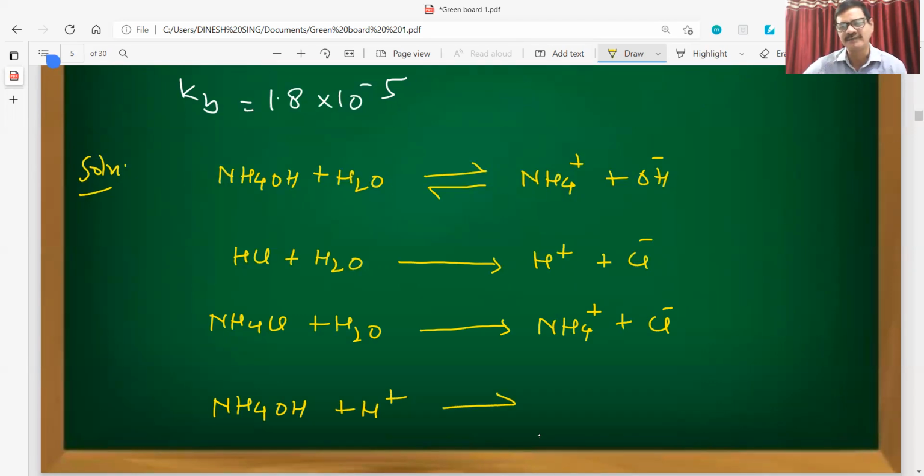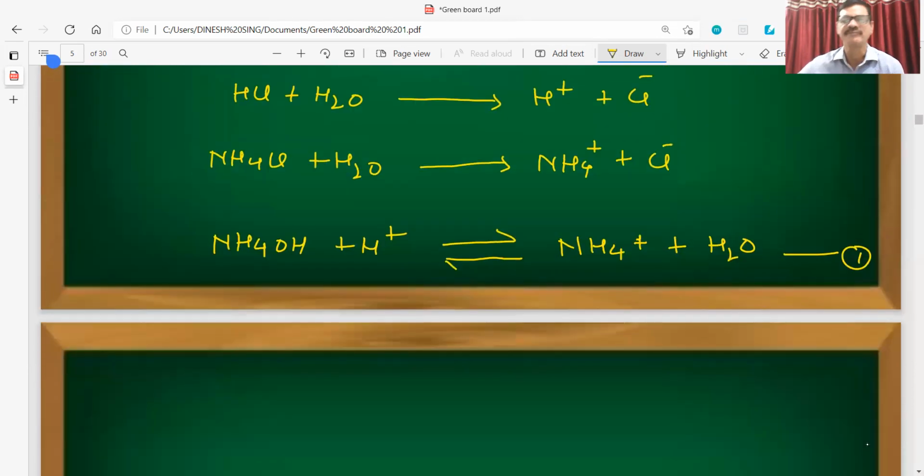So here this is the equilibrium: NH4OH plus H positive gives NH4 positive plus H2O. Say this is equation 1.